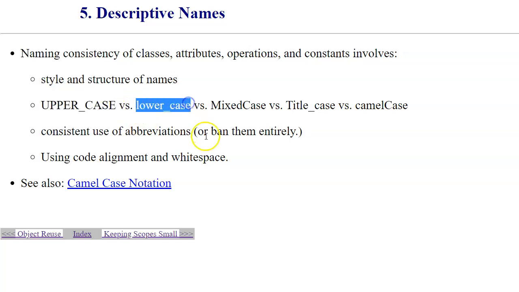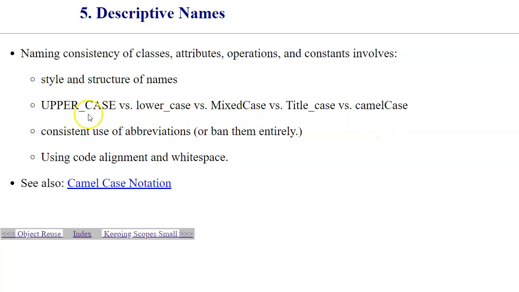Lowercase is a typical approach in C++ to name local variables and member functions of classes. Mixed case is used typically to name classes and structures. Title case could be used for naming global variables. And camel case is a typical approach to name data attributes and methods in Java and C#.